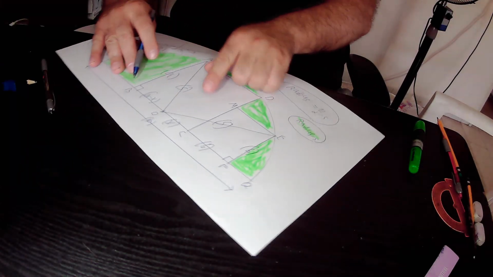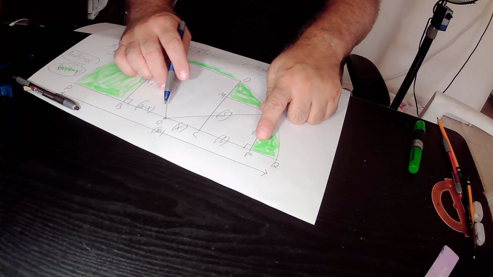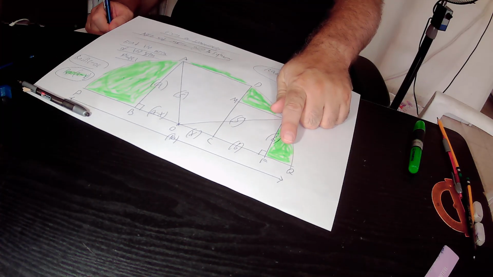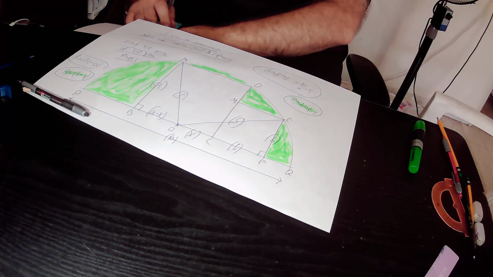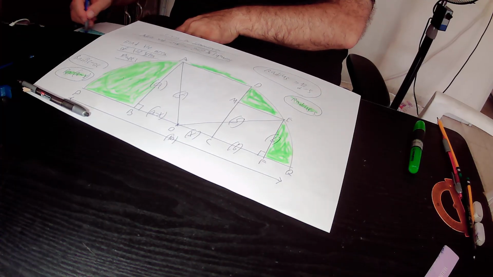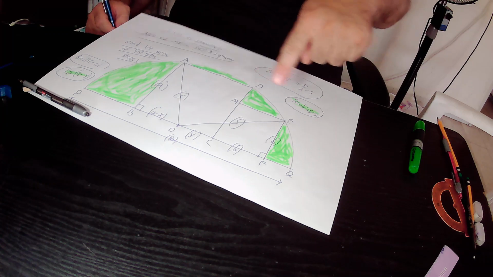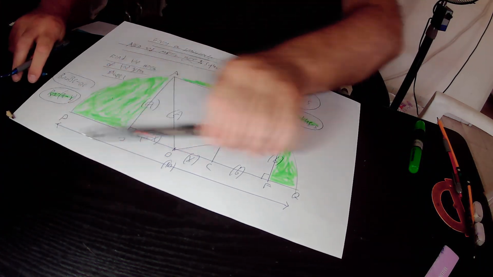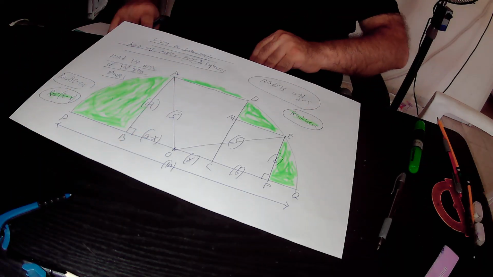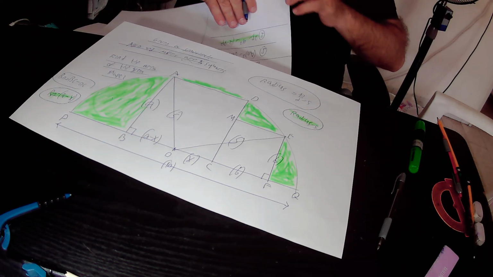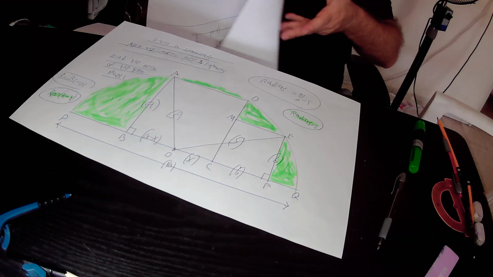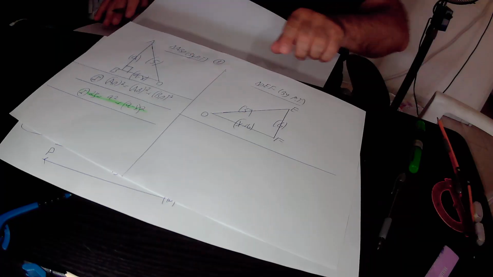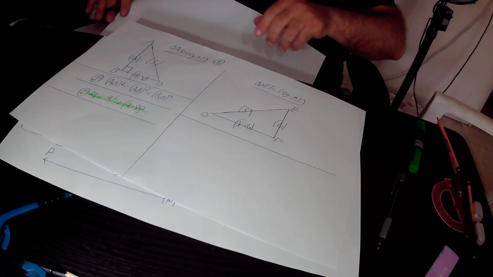Side OF equals, in total, X plus B. The hypotenuse OE equals 5 units in length. So, this is the right triangle OEF that we are going through in the original drawing.